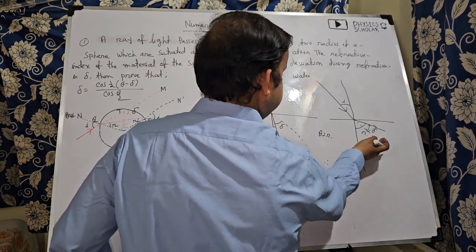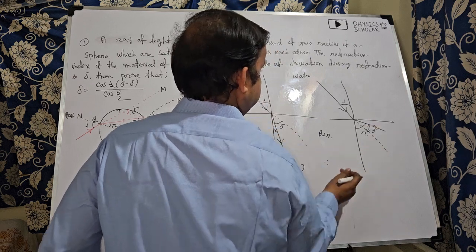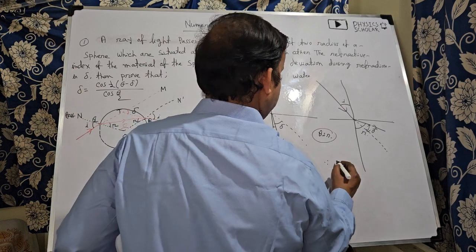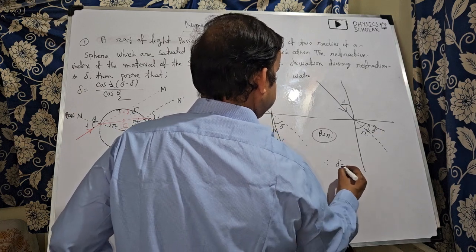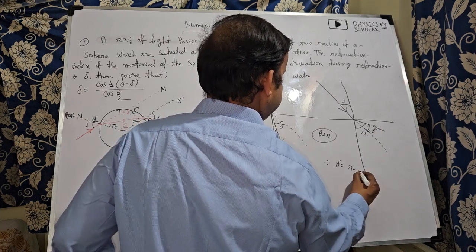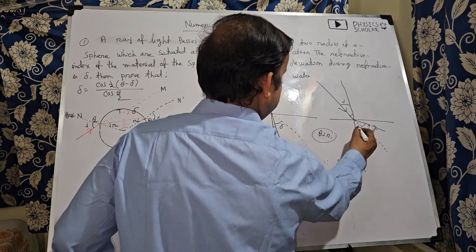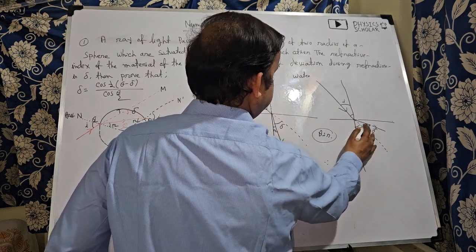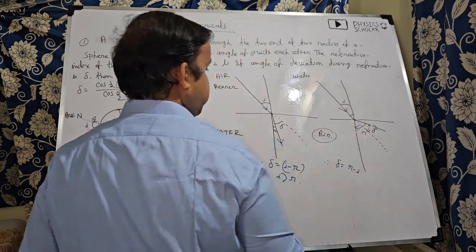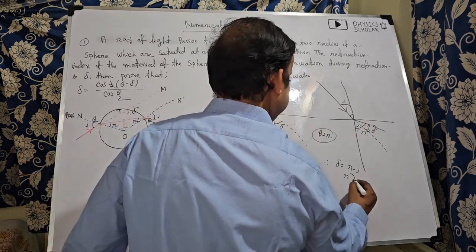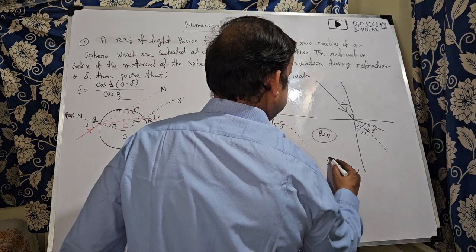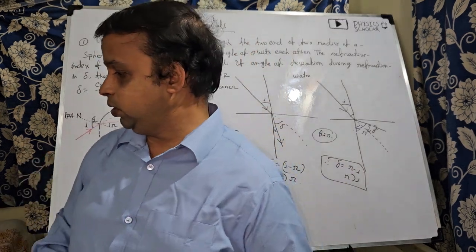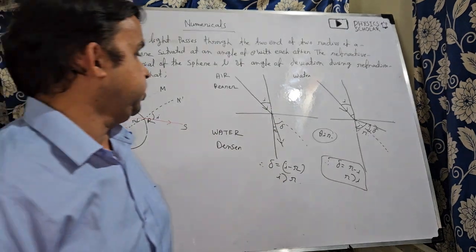So what is the angle of deviation? Delta is equal to r minus i. This angle and this angle will be equal, it will be i. So total delta is equal to r minus i, and here r will be greater than i. This is how we can find the angle of deviation. Clear? So this concept we have to utilize in this sum.